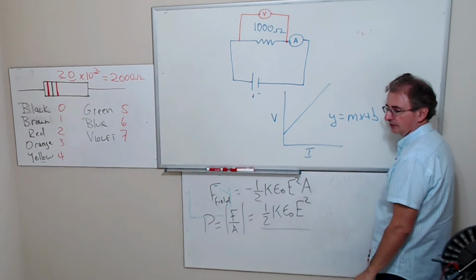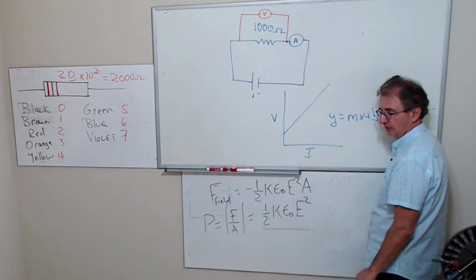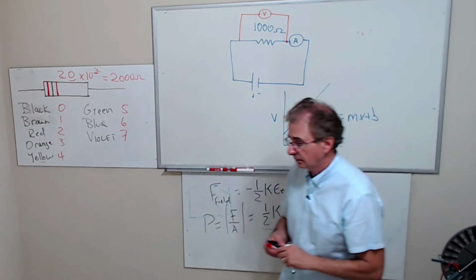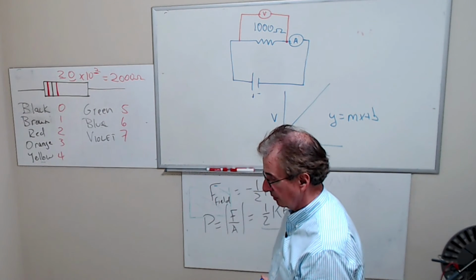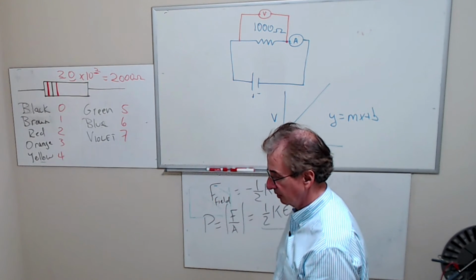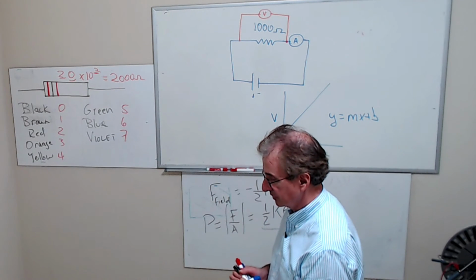What's the slope going to tell you? If I make this graph, what's the slope going to tell you? What does it physically represent? Yeah, it represents resistance.